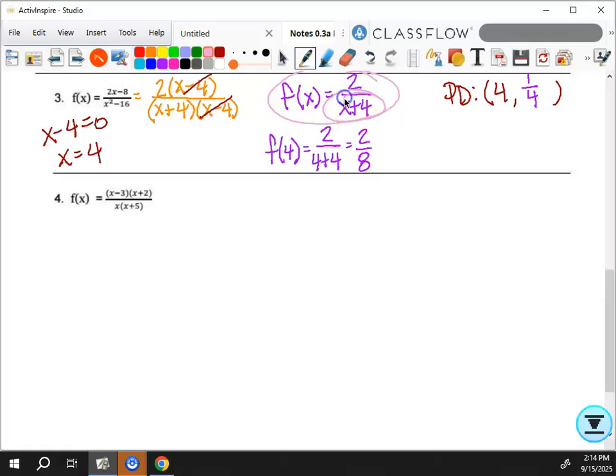This is a factor that's unique to the denominator, so x plus 4 cannot equal 0. So x cannot equal negative 4, which means I have a vertical asymptote at x equals negative 4. It's not just negative 4. It is x equals negative 4 because it is an equation of a line.